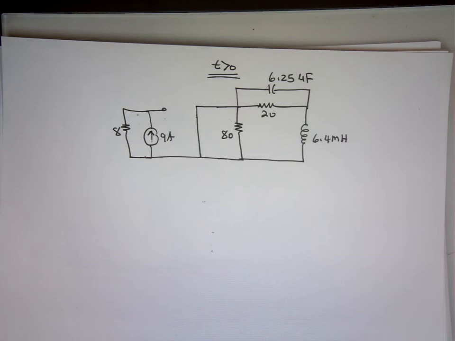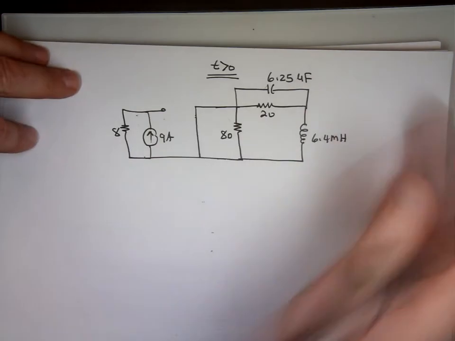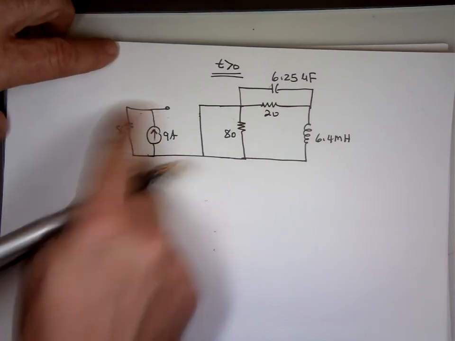Now, that 9 amp source has nothing to do with the right side of the circuit, because the circle's right there.